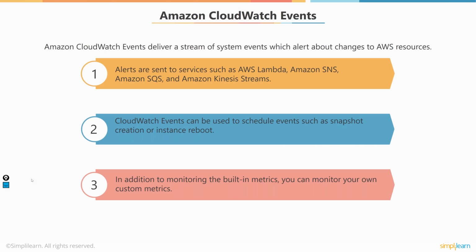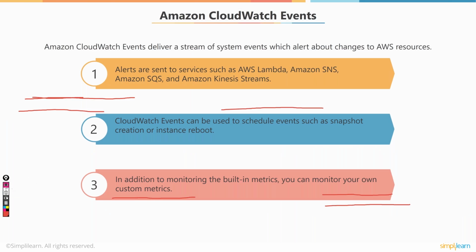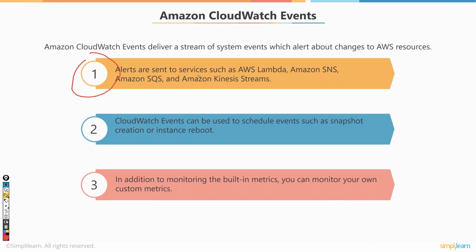What CloudWatch Events are is as follows. It alerts and sends to services such as AWS Lambda, Amazon SNS, Amazon SQS, and Amazon Kinesis Stream. CloudWatch Events can also be used to schedule events such as a snapshot, creating an instance, or an instance reboot.